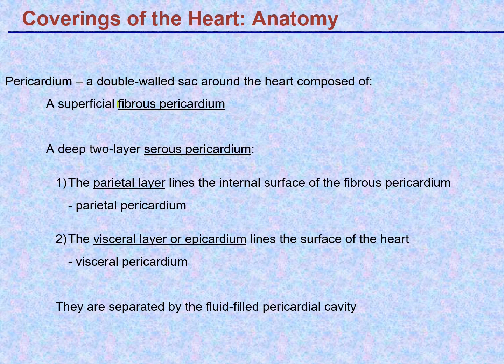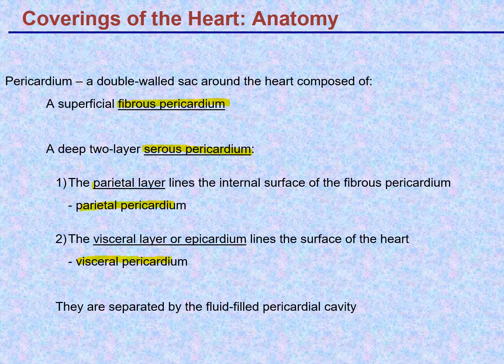One is a fibrous pericardium, and then there's the serous pericardium, which of course has two serous membranes: the parietal pericardium, the parietal layer of the serosal membrane, and the visceral pericardium, which is the visceral layer. It allows the heart to constantly be in motion in a relatively low friction or low resistance surrounding.